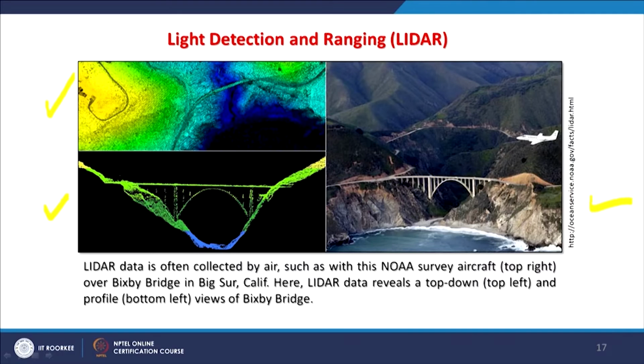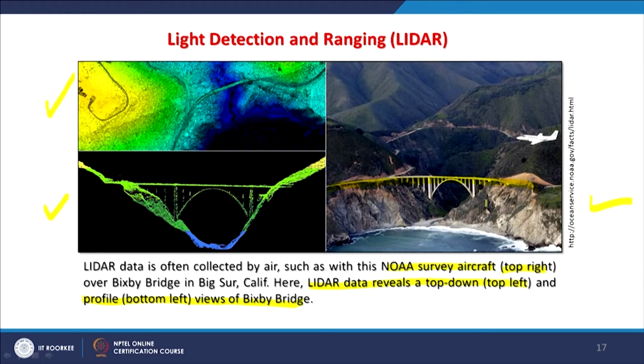So, this top left is basically LIDAR, whereas the bottom is the Bixby bridge which is seen here, and top right is a survey on the ground, or a photograph that was taken.